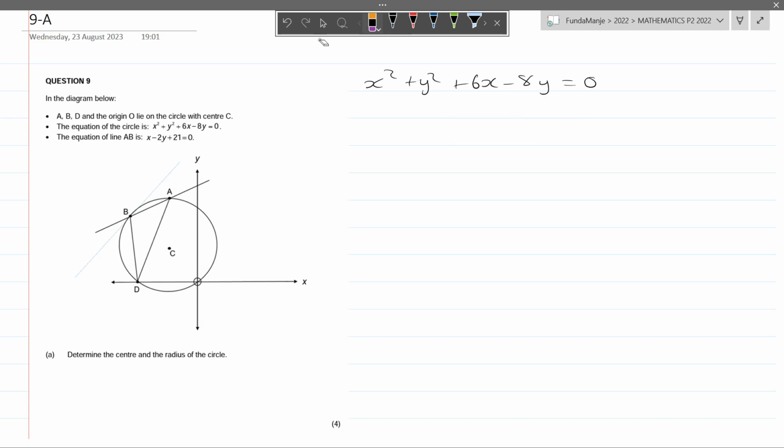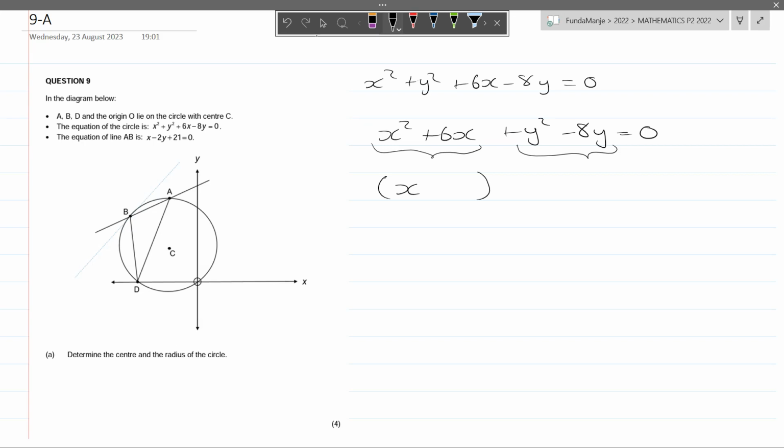Before we do this, we can actually group them. So we have x squared plus 6x plus y squared minus 8y is equal to 0. Then on this first part, and the second part, we're not going to factorize, but form a bracket from this and say x plus a half of this.